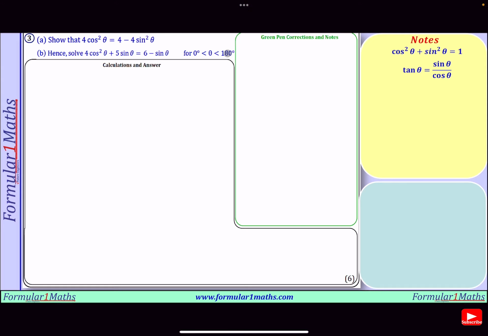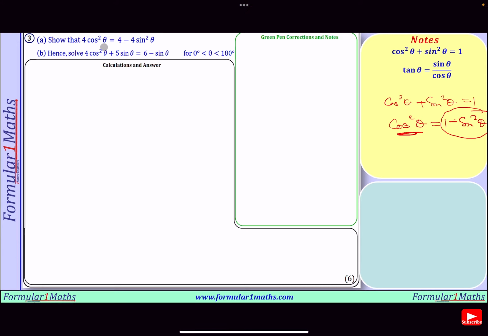From this one, cos squared theta plus sine squared theta equals 1. If I make cos squared theta the subject, I get cos squared theta equals 1 minus sine squared theta. So I can substitute this in place of cos squared theta.